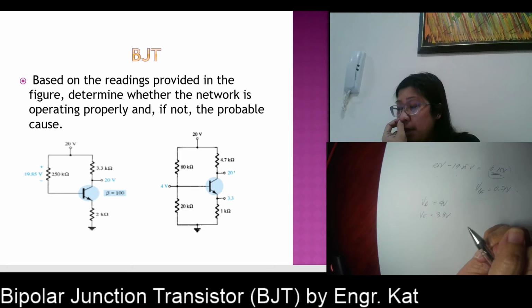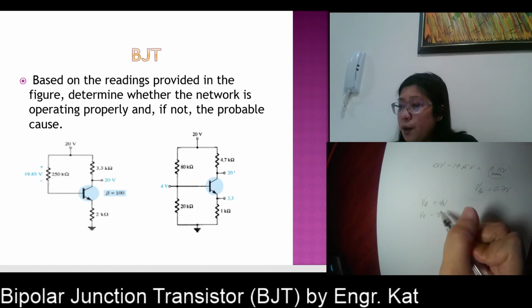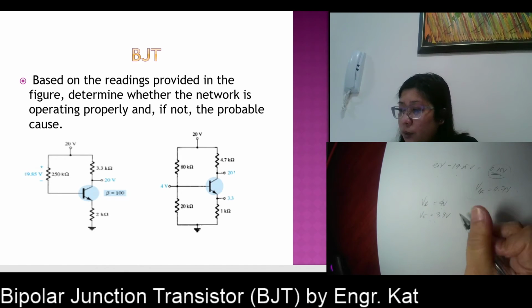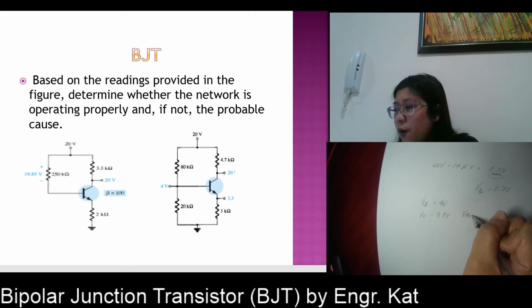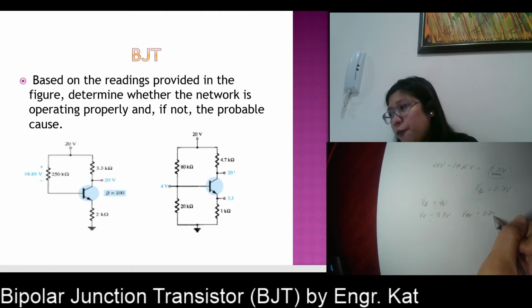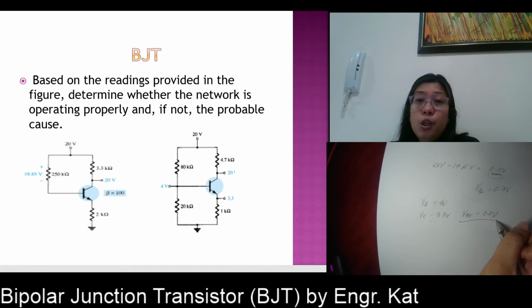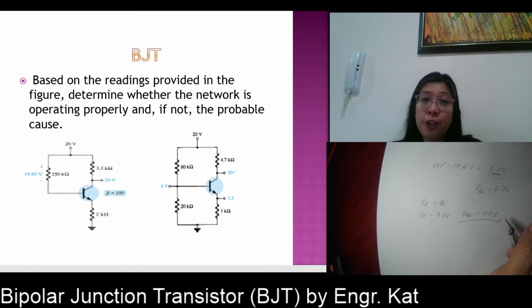So we have a VBE here which is roughly around 0.7. If it is 0.7, therefore your transistor must be turned on.